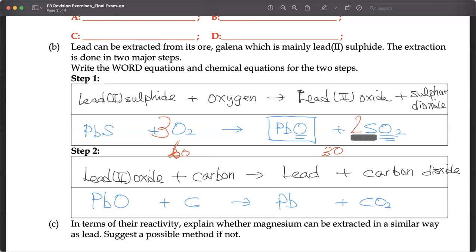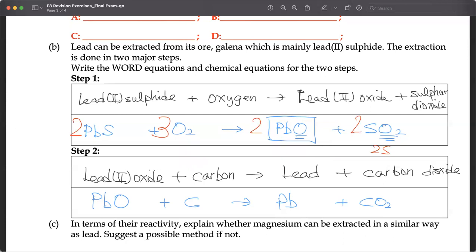This one will be 2, and this one will be 2 as well. As a result, here it will become 6 oxygen now. That means it remains the 2 Pb and 2 S. So 2 Pb and 2 S means it should be 2 PbS. So the first equation has been balanced.